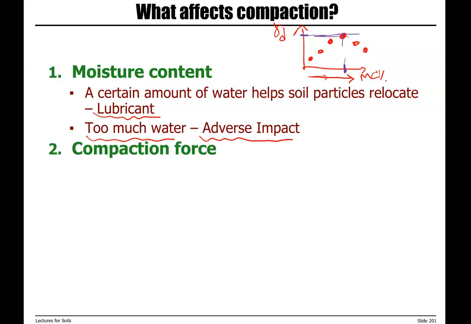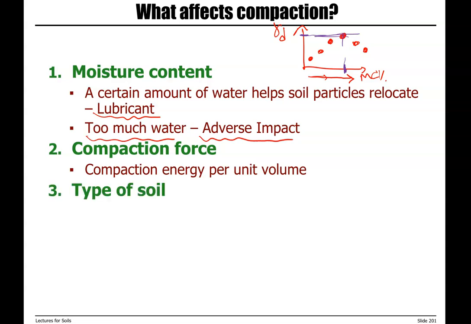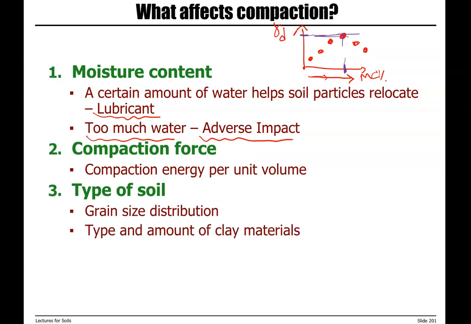Another important factor is the compaction force, the type of equipment, the type of force that is applied, or in general, compaction energy per unit volume. Also, type of soil, if it's well graded, if it's poorly graded, if it's a coarse material, or if it's a fine material. These all are important and have an effect on the level of compaction.